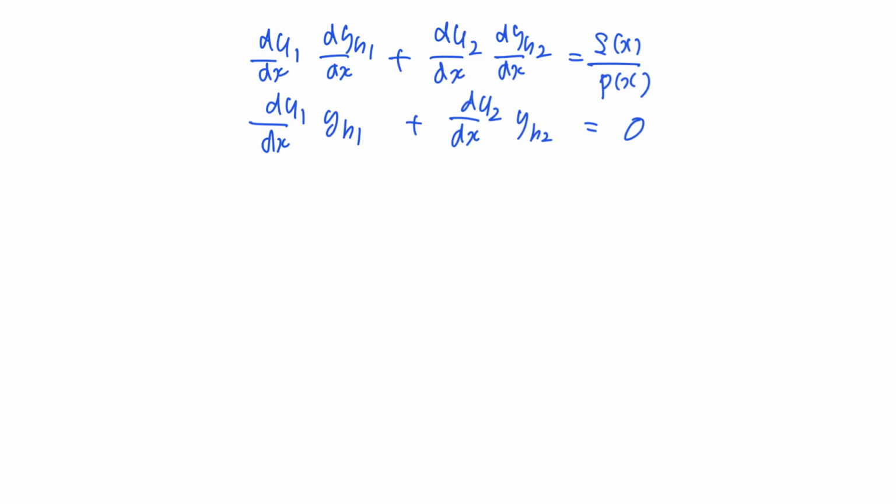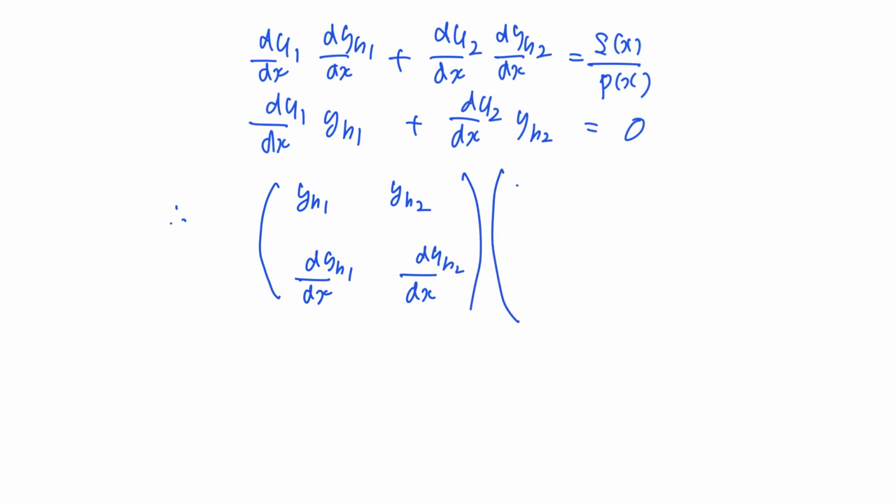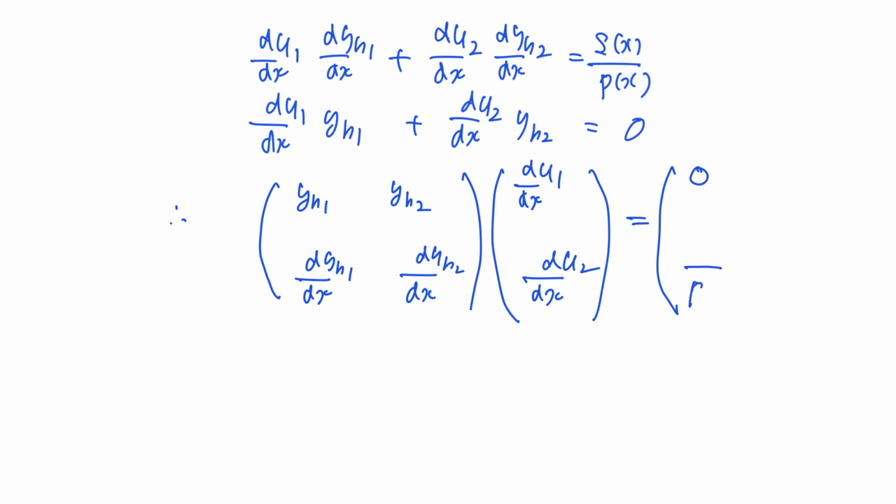So we have the following system, something like this: the matrix with rows y_h1, y_h2 and dy_h1/dx, dy_h2/dx, times the vector du1/dx, du2/dx, is equal to the vector 0 and s(x) over p(x), right?